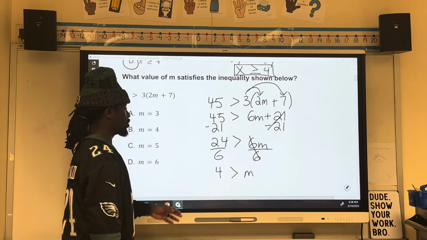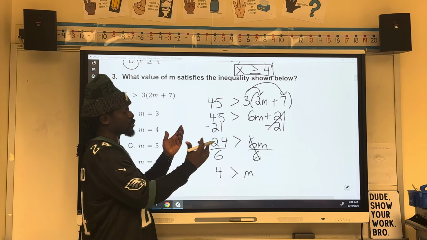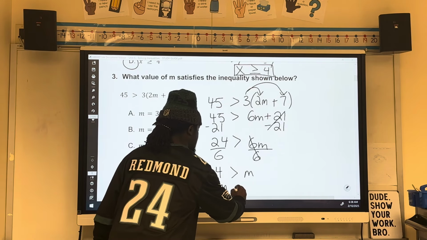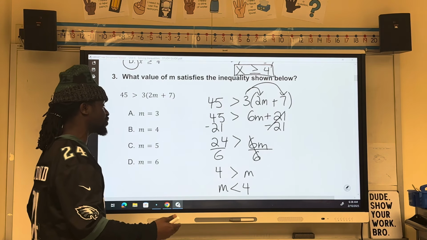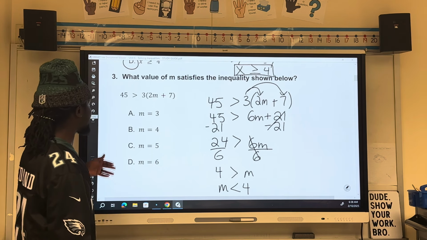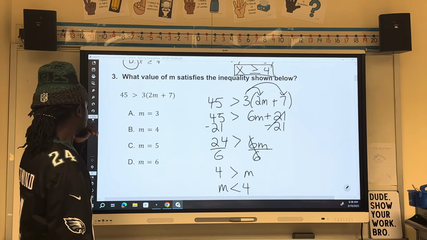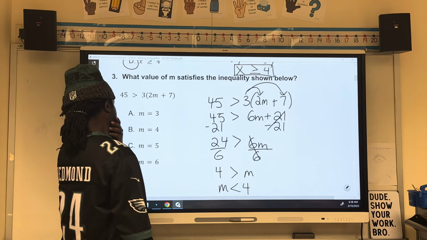Okay? So 4 is greater than m. Or another way we could think of that is that m is less than 4. If 4 is greater than m, then m is less than 4. So I've got to figure out which inequality would make that true.